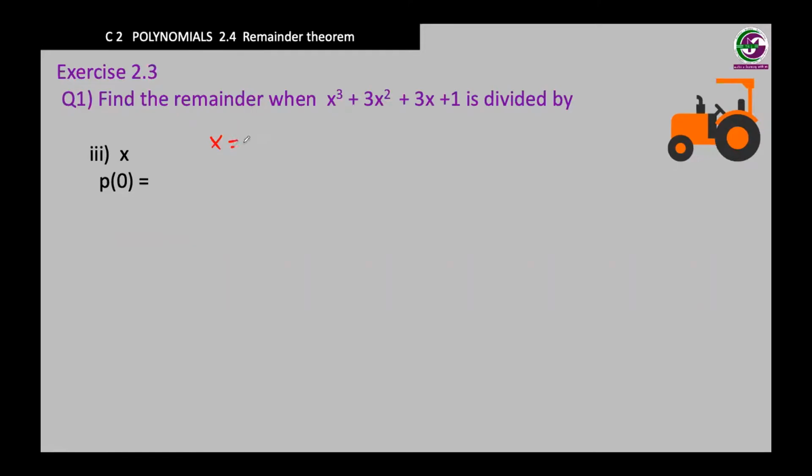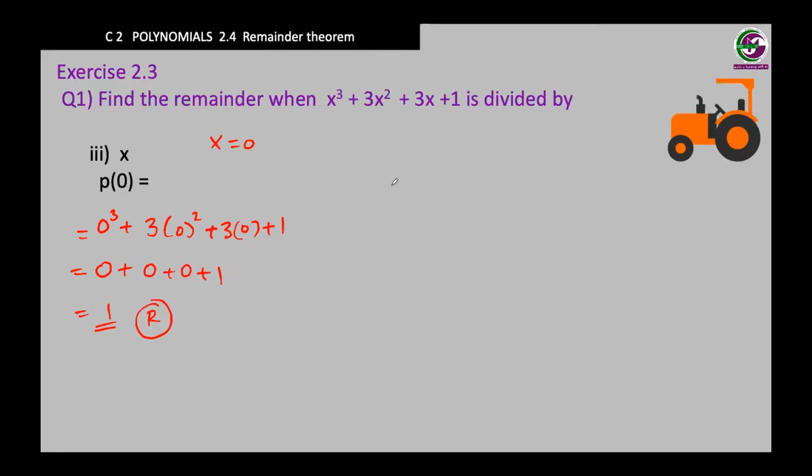So we substitute P of 0. P of 0 is 0 power 3 plus 3 times 0 power 2 plus 3 times 0 plus 1, which is equal to 0 plus 0 plus 0 plus 1, which is equal to 1. So the remainder is 1.